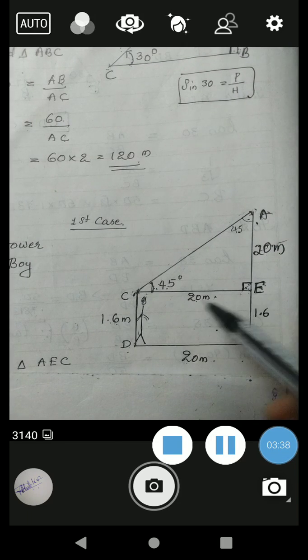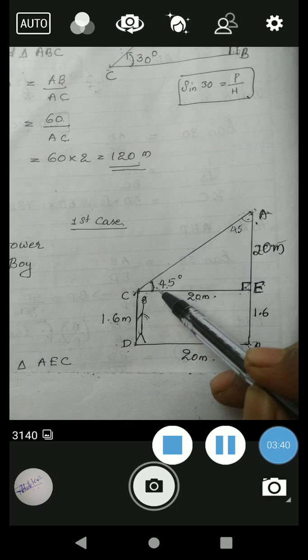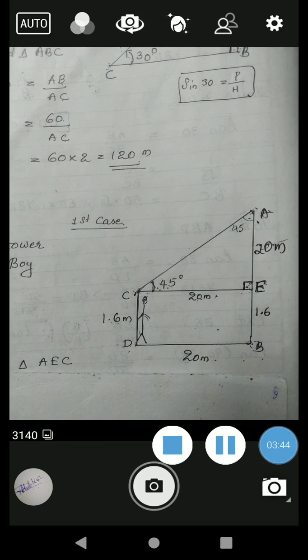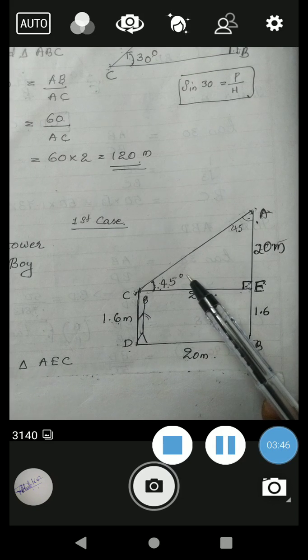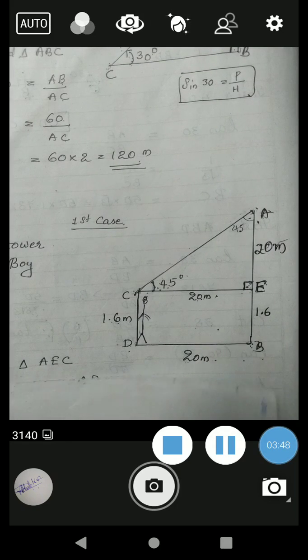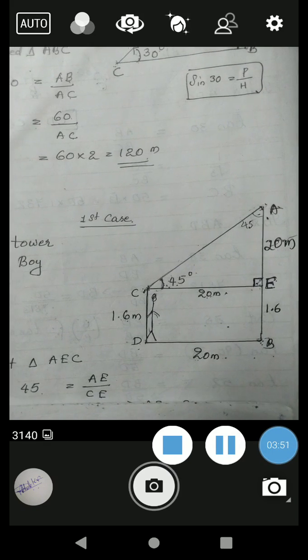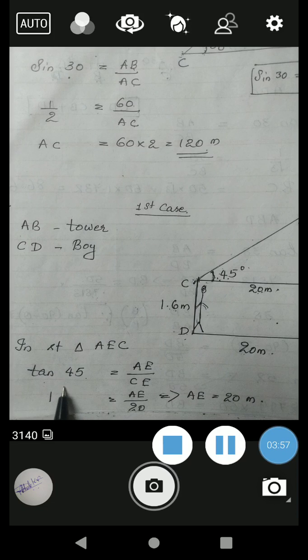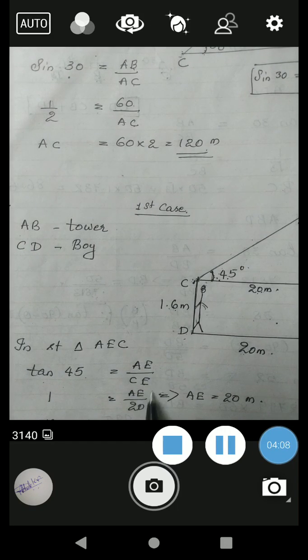This is given 20 meter, 45 degree, and either you can use isosceles property or you can use trigonometrical ratios. If we use trigonometrical ratios in right angled triangle AEC, tan 45 is equal to AE by CE, perpendicular divided by base. We know the value of tan 45 is 1, which is equal to AE by CE, and CE is 20.